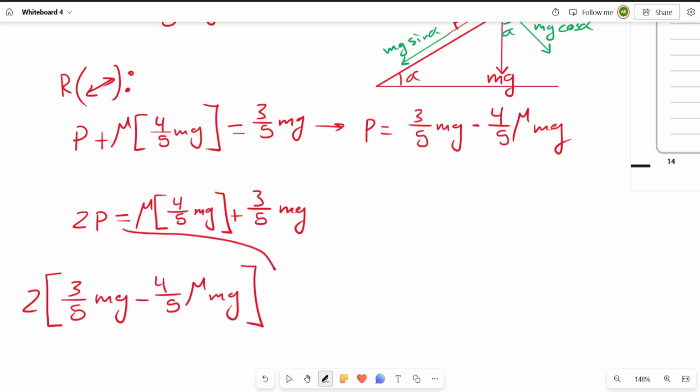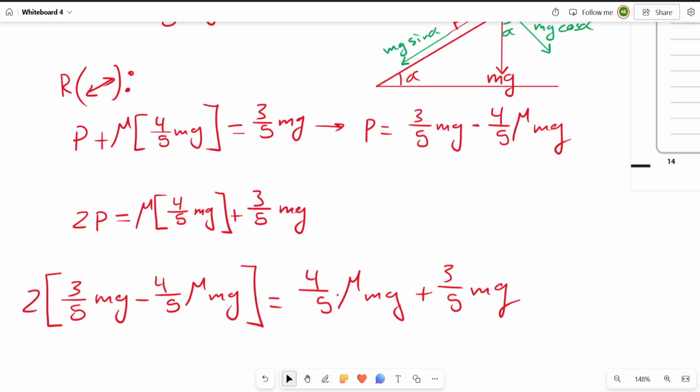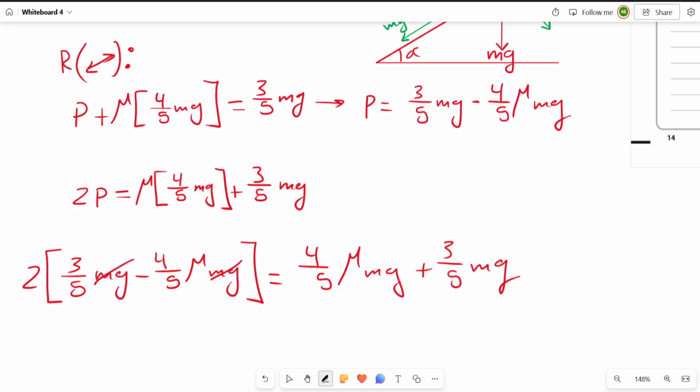And then I'm going to put the equal sign, equals to 4 over 5 mu mg plus 3 over 5 mg. Now I can notice something, that mg occurs in literally everything. So I can cancel out an mg from every single term.